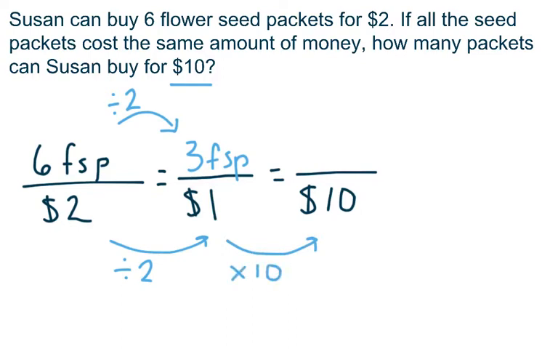And that's why I really like solving problems using unit rate, because it's easy to get from $2 to $1 and then from $1 to $10 than it is to try to figure out how I get from $2 to $10, because it's not always going to be as easy as $2 and $10. So let's multiply by 10 in the numerator. I have 30 flower seed packets for $10, just like I did when I used a ratio table. Now you know everything you need to know in order to complete today's assignment.